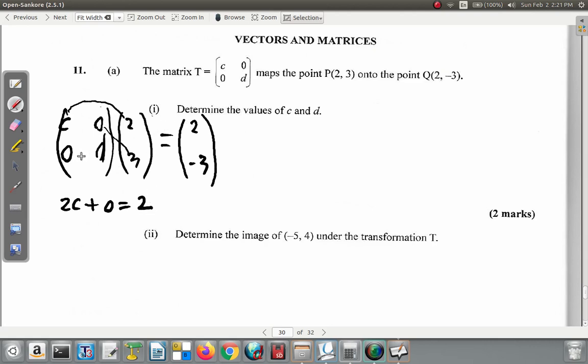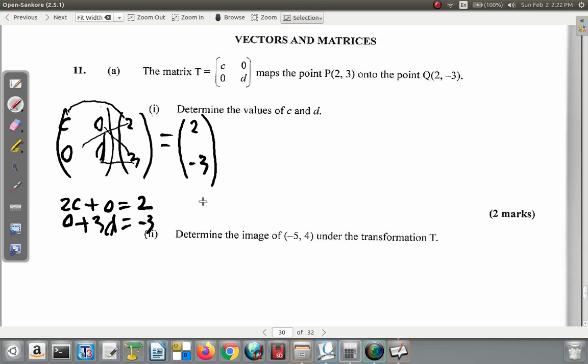Then row 2 times the column. First by first, 0 times 2 is 0, plus D times 3 is 3D, is equal to the second in the answer, negative 3.